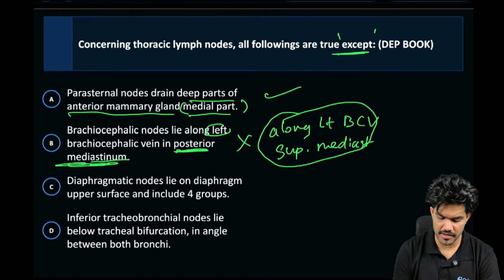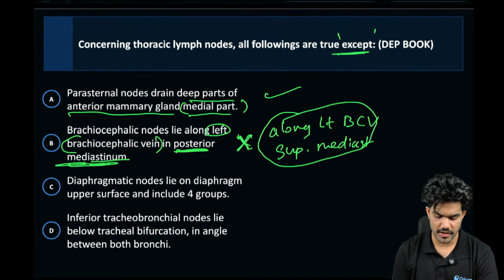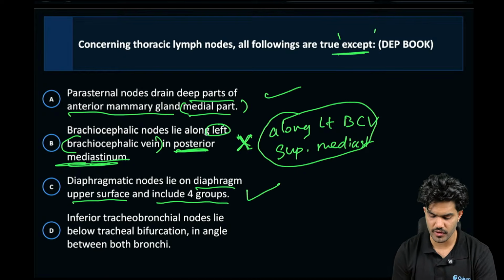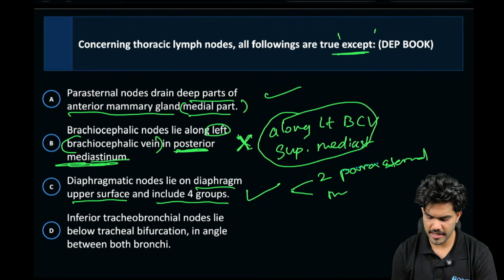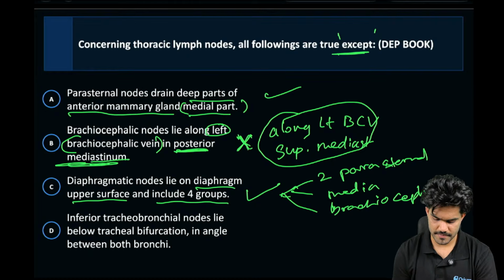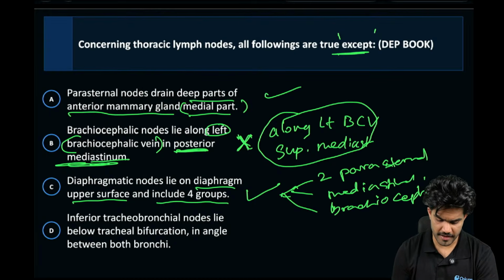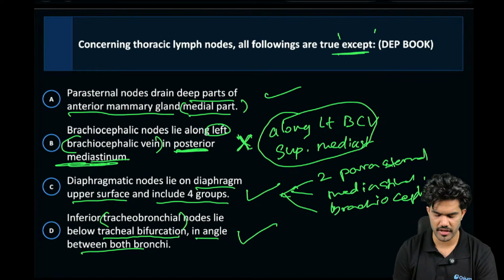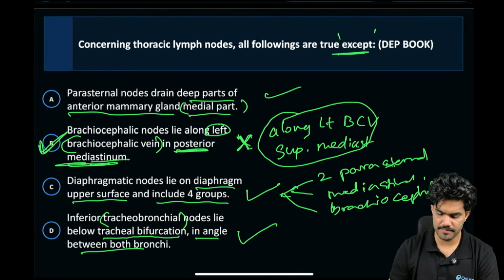Don't see left and tick this option. No, this is the wrong option. Read the option thoroughly, carefully. Diaphragmatic nodes lie on the diaphragm upper surface and include 4 groups. Yes, it includes parasternal, mediastinal and brachiocephalic. Inferior tracheobronchial nodes lie below tracheal bifurcation in angle between both bronchi. Yes, it is also true. Tracheobronchial lymph nodes. So the wrong option will be B.